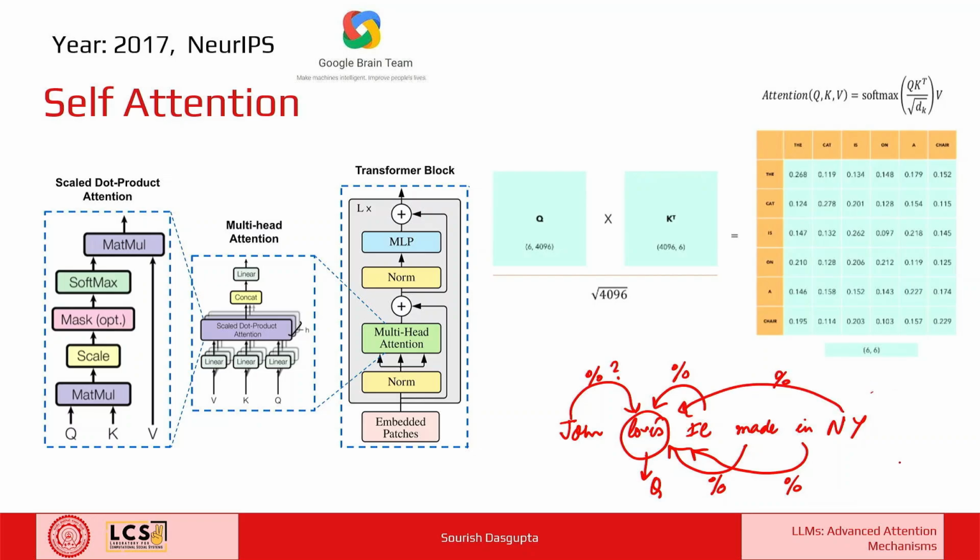So what is the independent influence of each one of them on loves? Now, when we do that, we consider John to be the V. Ice cream is another V, made is a V, in is a V, and New York is a V. So these are the values. V stands for values, and that constitutes the value matrix. And of course, loves itself. This is something interesting, that loves itself can influence itself.